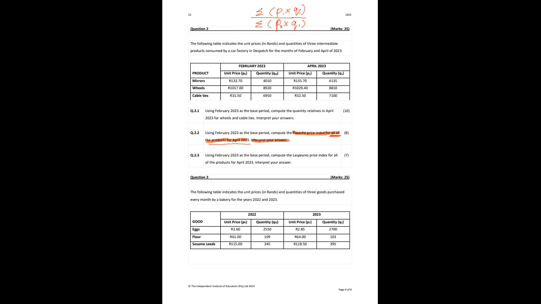So it says to you the sum of P1 times Q0 in your numerator, in your denominator, it's P0 times Q1. Now, please pay attention to the fact that it's the sum of, because many people do this the wrong way, where they do P1 times Q0, the numerator here.